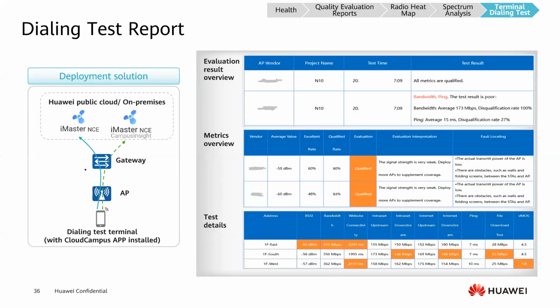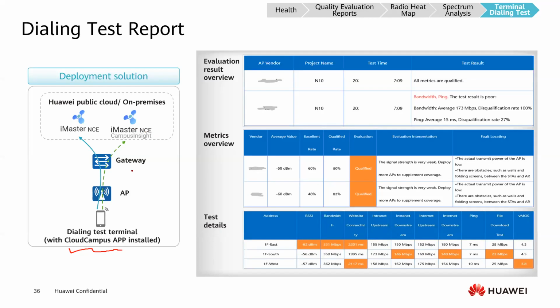And this is the solution for how to deploy the terminal dialing test. It's just for the mobile phones, for the moving terminals. You just need to install the Cloud Campus app, and then you need to make sure the STA can connect to the controller, and also connect to the Campus Insight.